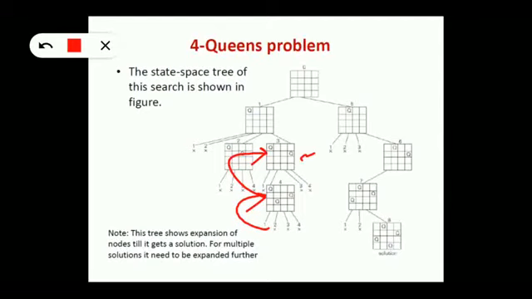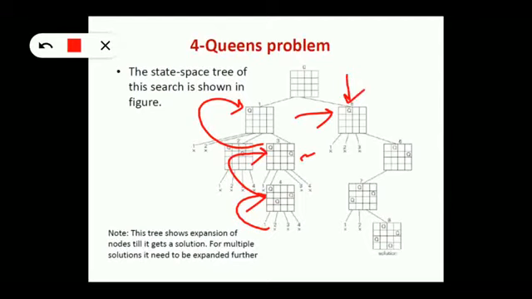So therefore we now backtrack to queen 1. Queen 1 was initially placed on the first row, first column. So now queen 1 shall be relocated to the position first row, second column.